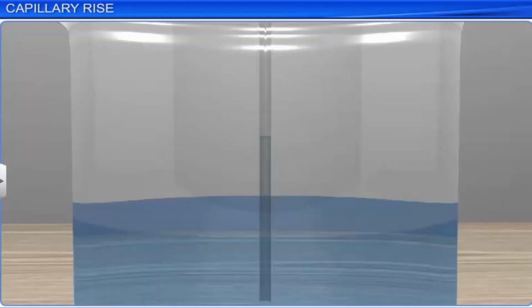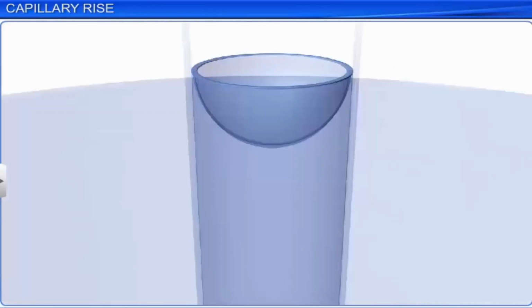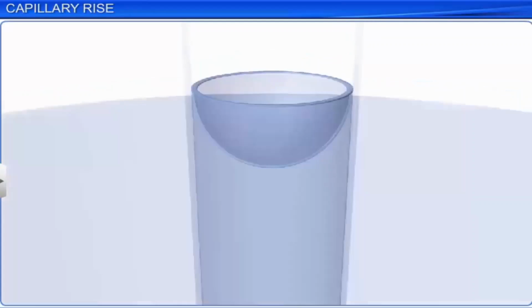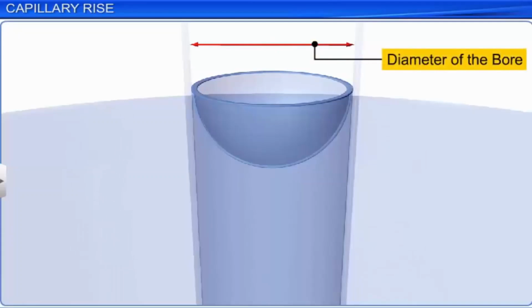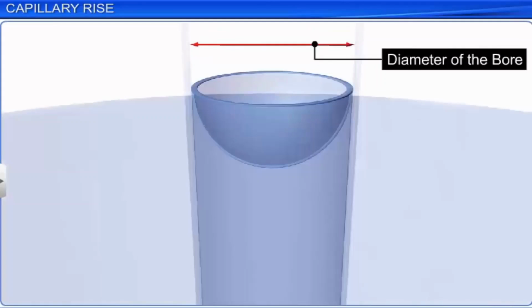The capillary action of a liquid is a consequence of the surface tension of the liquid and the angle of contact of the liquid with the surface of the tube. The extent of the rise or fall in the liquid in the tube also depends on the diameter of the pore and the density of the liquid.